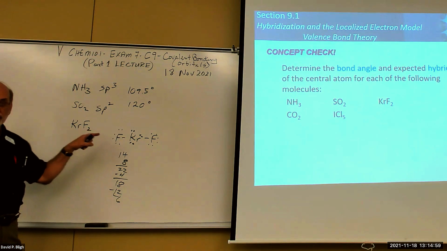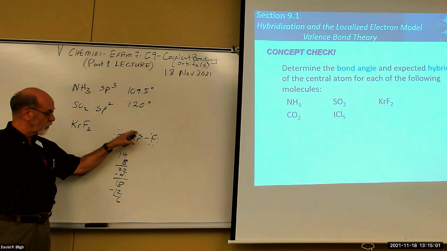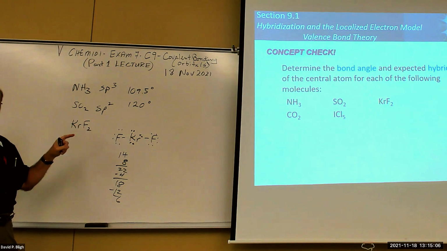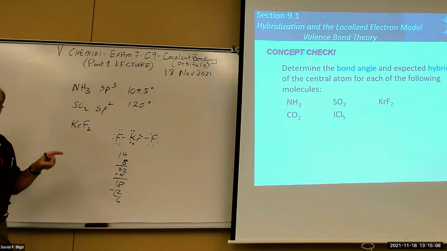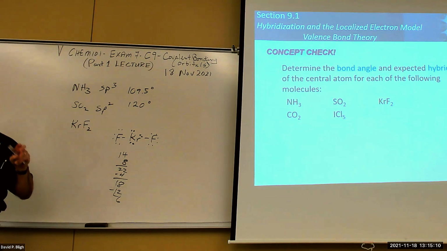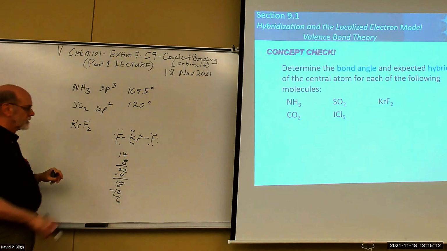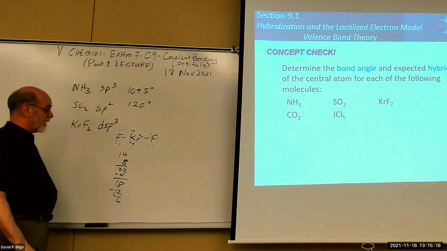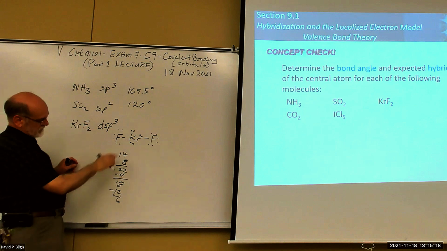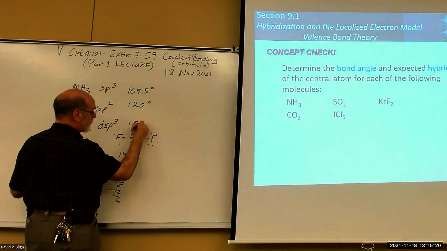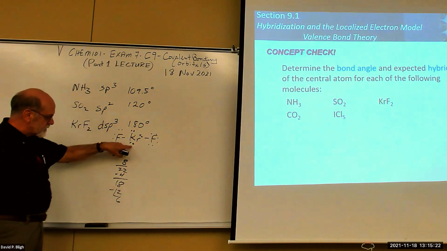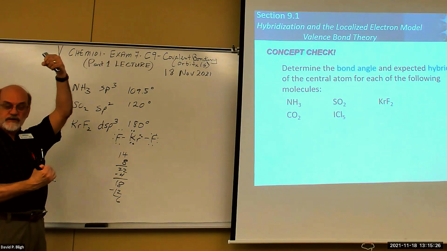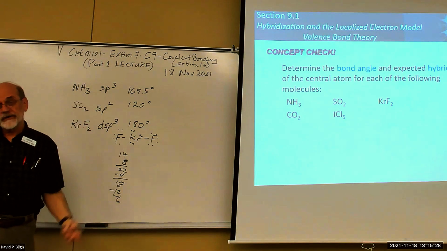So around that krypton, we've got 1, 2, 3, 4, 5 groups, which means trigonal bipyramid. A trigonal bipyramid is dsp3. And the bond angles, actually the bond angle is only 180 degrees, right? Because these lone pairs like to go on the triangle. So you have the 2 fluorines up here, 180 degrees, that's it.